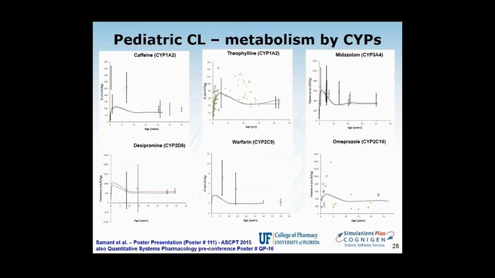My question is, is the under-prediction just because of the oral absorption, or just the total metabolism part? No, I think this was really more of a metabolism part rather than the oral absorption.